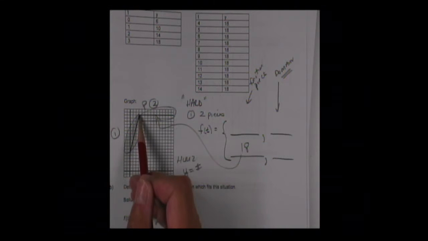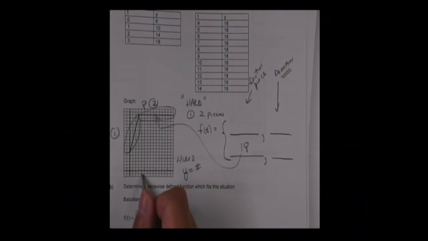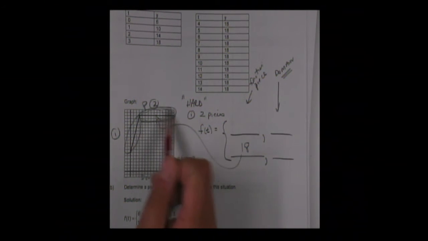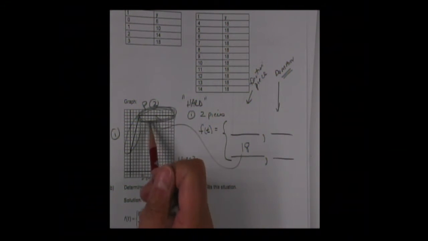Then I just have to figure out, based upon my counting, where the domain starts. So remember, the domain runs along the horizontal axis. So what's my smallest input number that seems to be used here? For this line. I think it's 3.